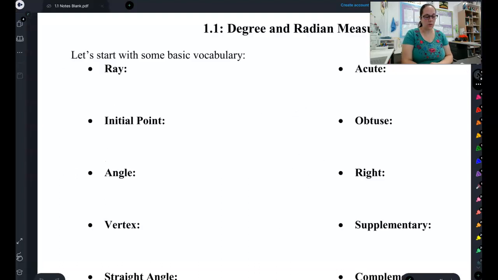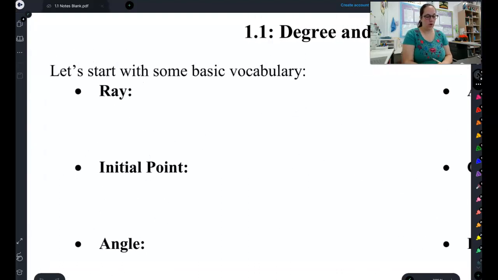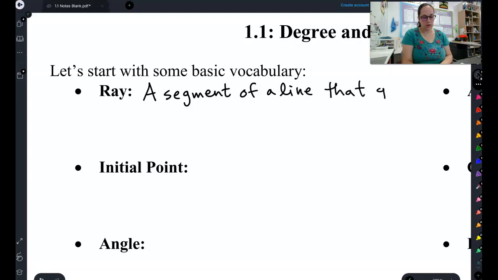So let's start with what is a ray. A ray is a segment of a line that goes on forever in one direction.